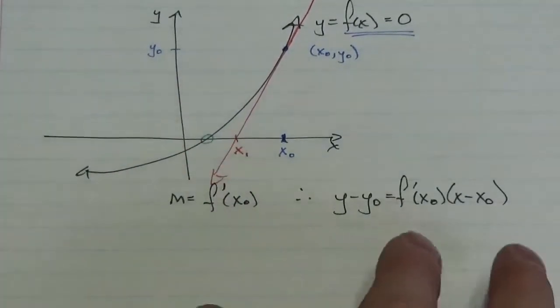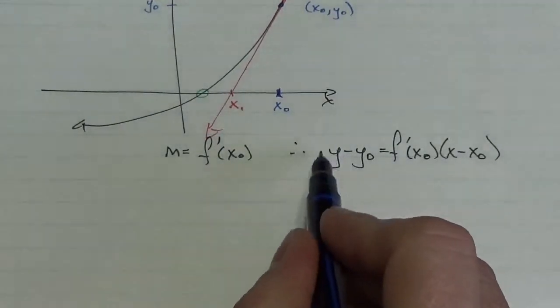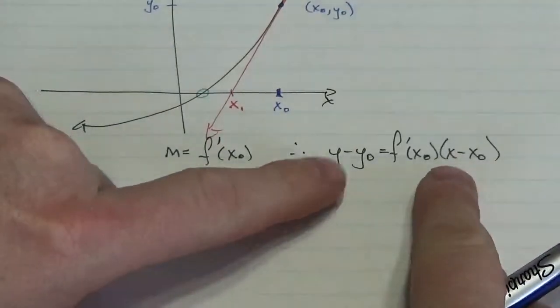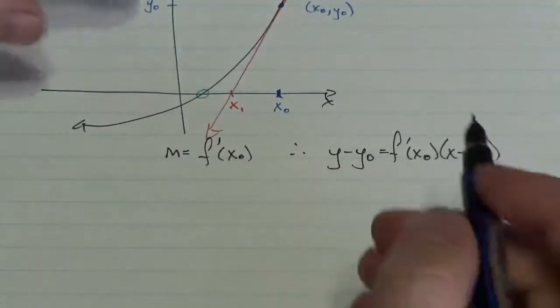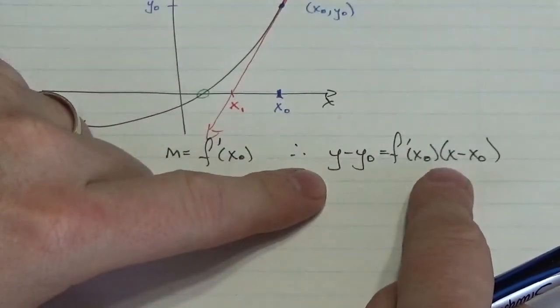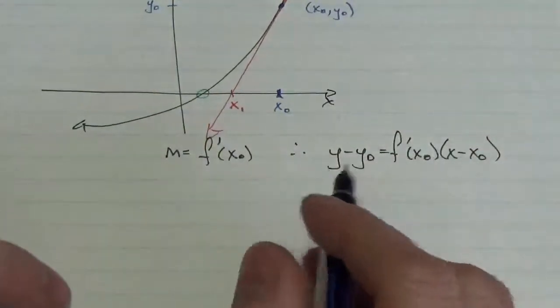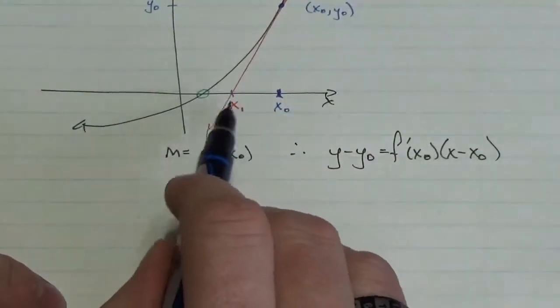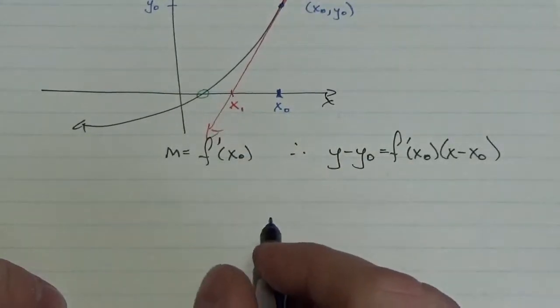Now, algebraically, how do I find that? Well, bear in mind, x naught and y naught are the coordinates of that exact point, but x and y are variables. They stand for any point along that line. So in order to find out what x1 is, I'm going to let y go to 0.